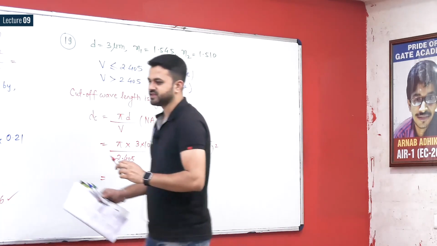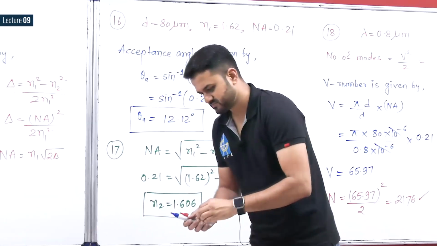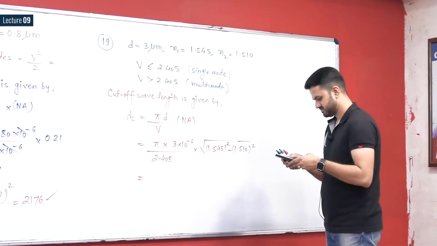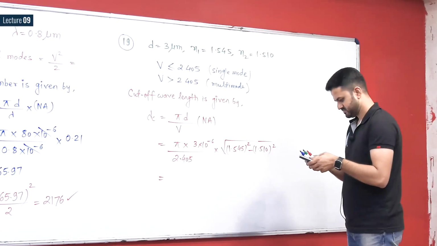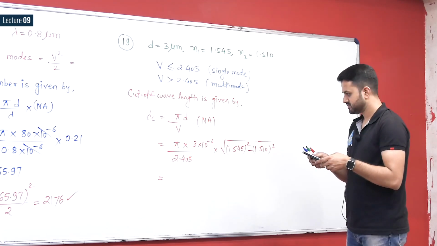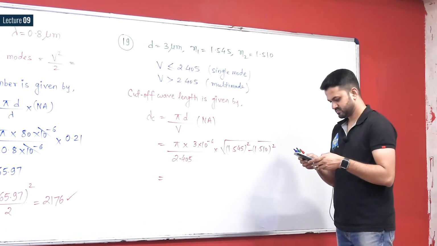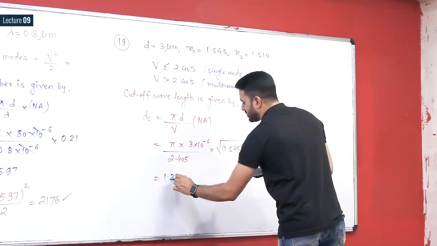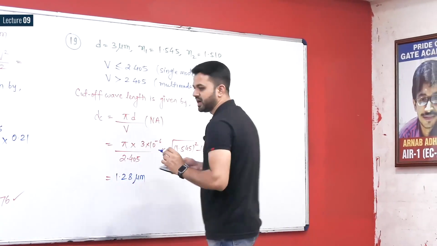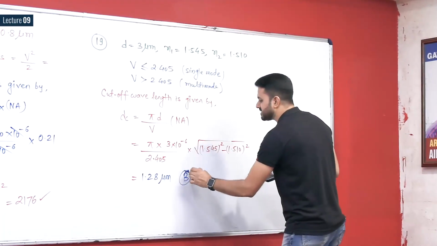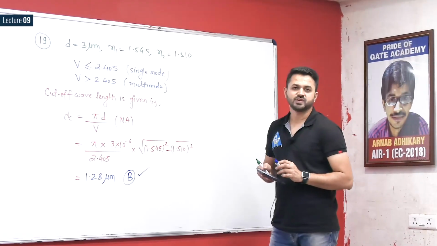And if you solve this, we are getting 1.28 micrometer, and because this is a multiple choice question we have option B as the correct answer. Okay, so now we have question number 20 and 21.